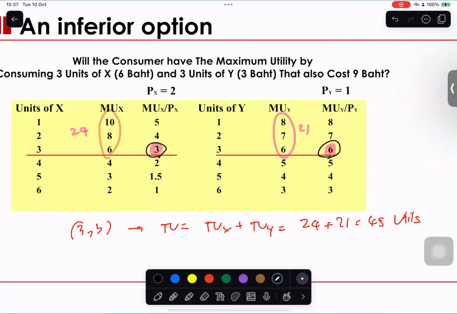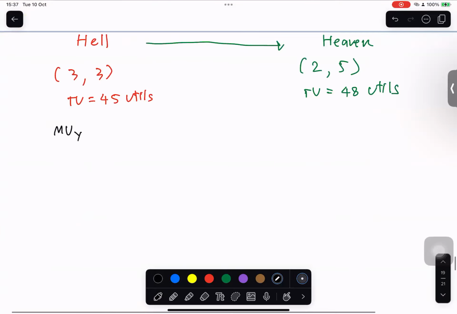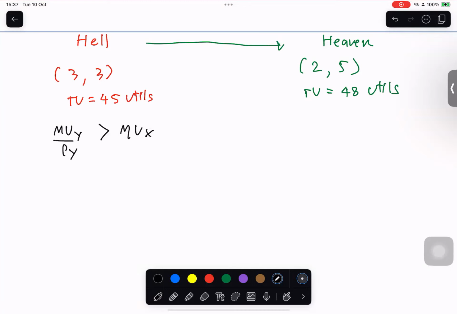Before we proceed, to help this guy, let's remind ourselves: when you underline this, what did you see? Marginal utility per baht when spending on good Y, 6, is higher than marginal utility per baht when spent on good X. Write this down. MUY over PY, per baht spent on good Y generates 6 utils.